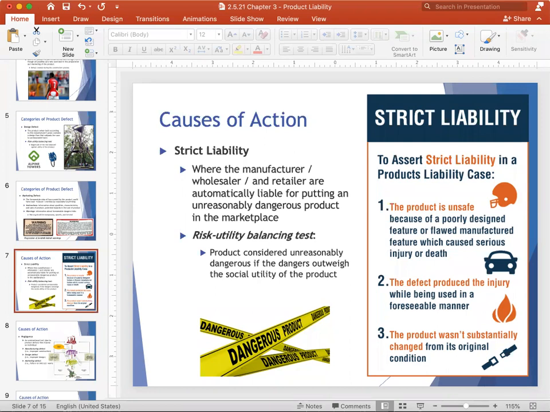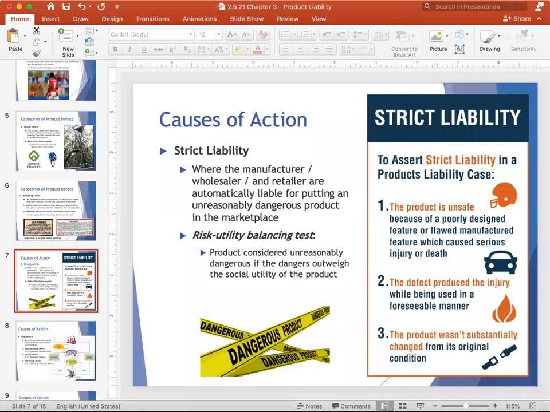Is it just open and obvious that that's a dangerous product and you need to use it with care? The adequacy of the warnings. You know, if the warnings are, once again, conspicuous, forceful, specific as to warn the consumers of all potential harm and how to safely use the product, well, maybe then that is good enough for that product to be in the marketplace.